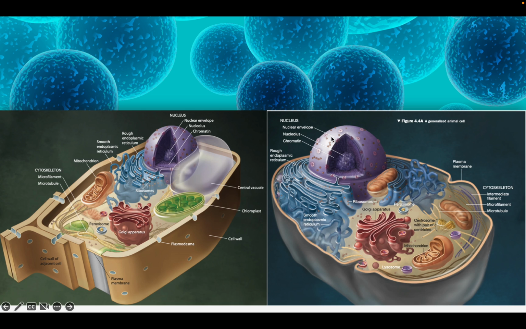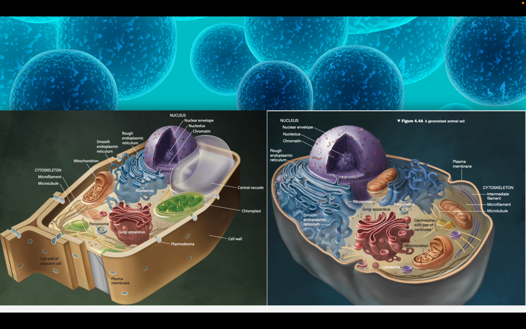So here is the nucleus. Next, we have the mitochondria, the powerhouse of the cell. It is responsible for generating ATP or adenosine triphosphate, the cell's primary energy source through cellular respiration.